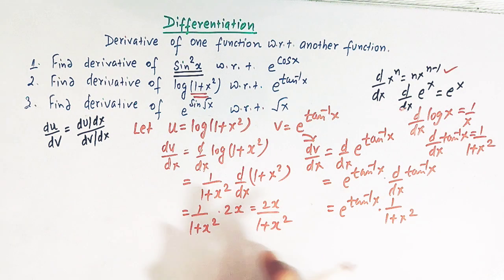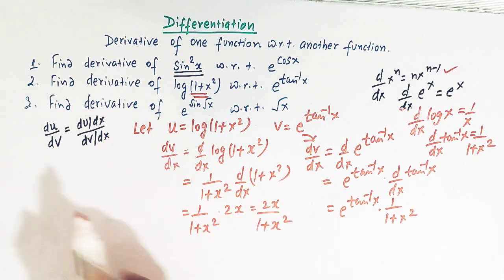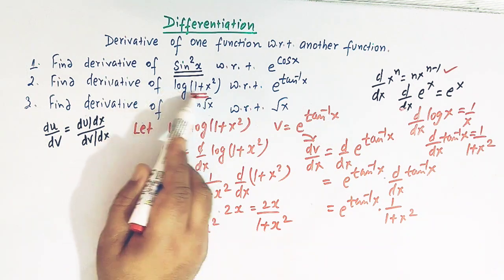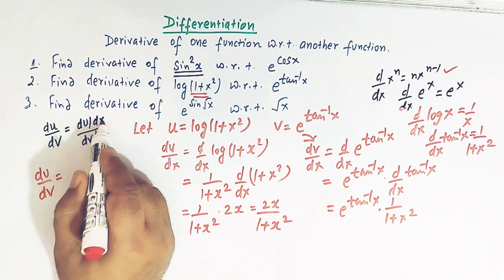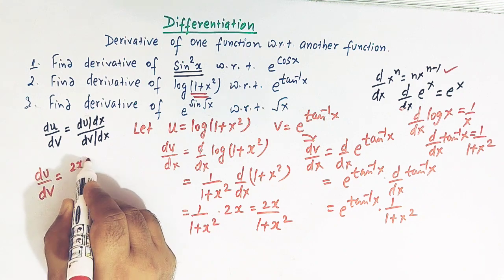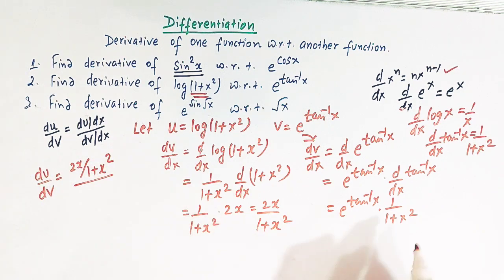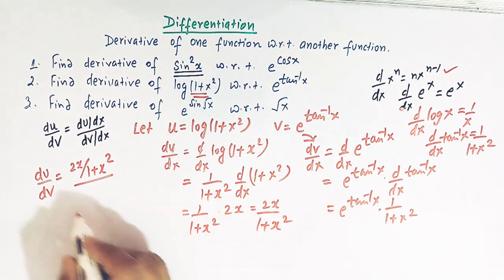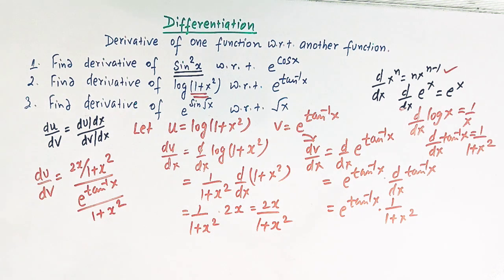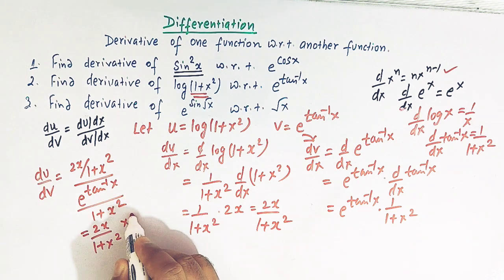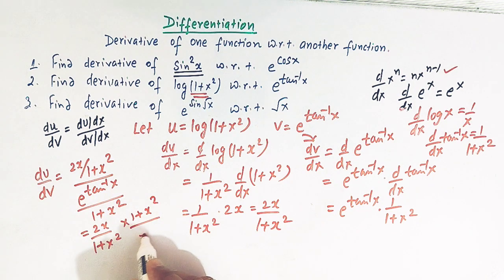Now we have du over dx and dv over dx. The derivative of this function with respect to the other is given by du over dv. du over dx is 2x divided by 1 + x², and dv over dx is e^(tan⁻¹x) divided by 1 + x². We write 2x over 1 + x² multiplied by 1 + x² divided by e^(tan⁻¹x).